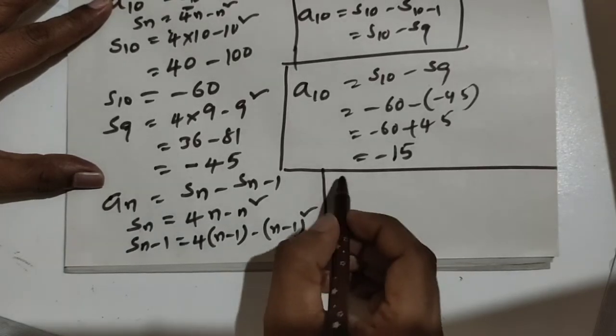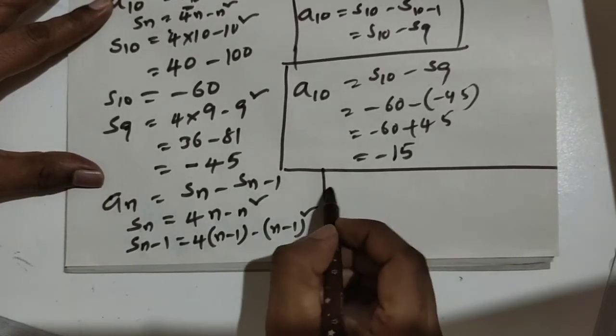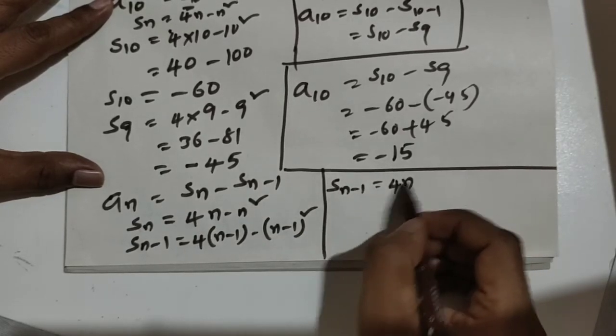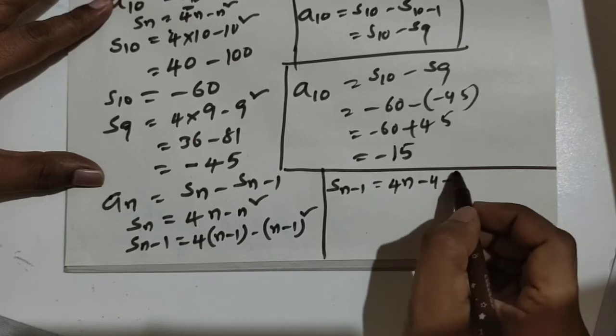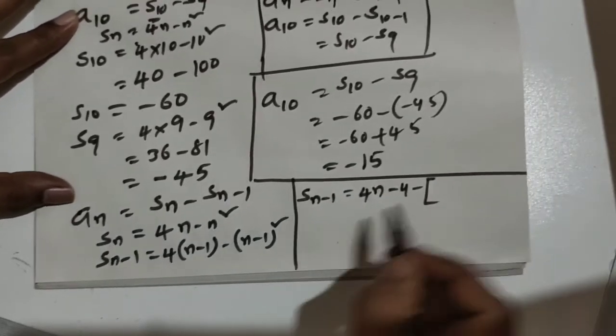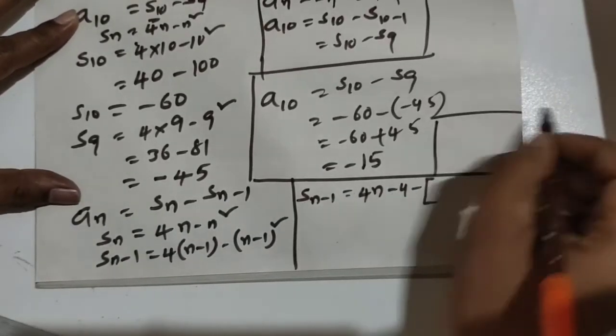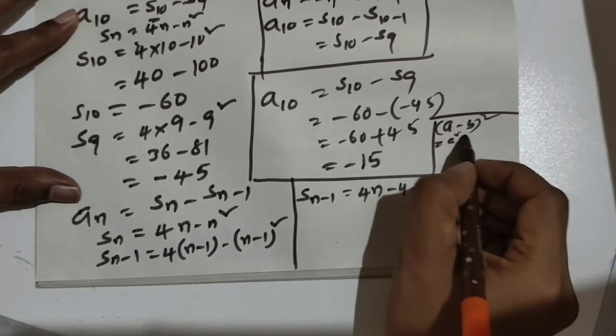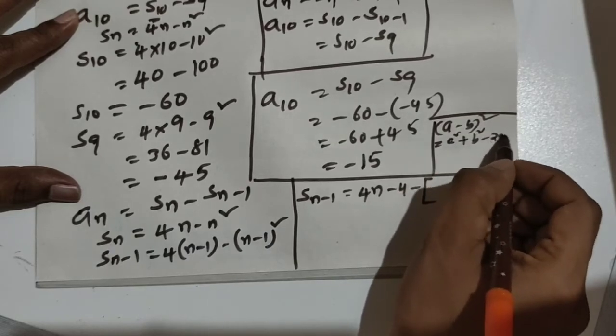From here see this clearly. So here we can write Sn minus 1 is equal to 4n minus 4, and then by applying the a minus b whole square formula, what is the formula? a minus b whole square is a square plus b square minus 2ab.